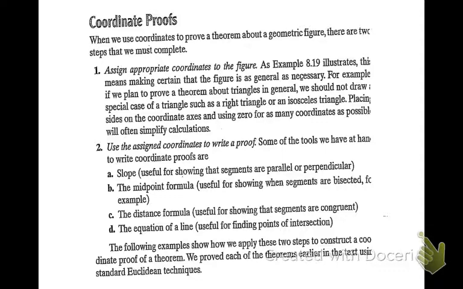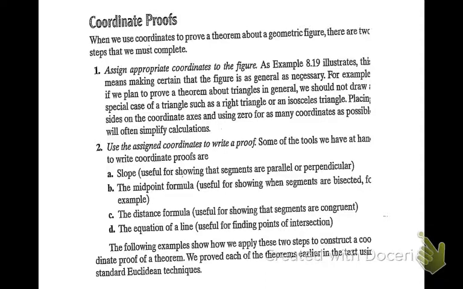If we plan to prove a theorem about triangles in general, we should not draw a special case of a triangle such as a right triangle or isosceles triangle. Placing sides on the coordinate axis and using 0 for as many points as possible will often simplify calculation. So don't draw the special triangle, just draw a regular triangle.